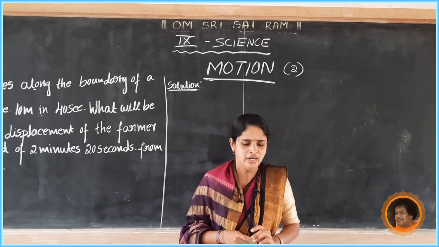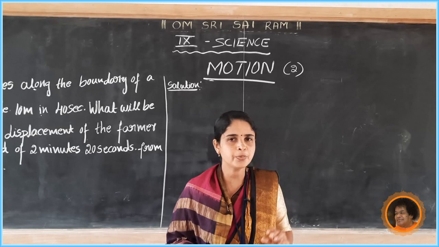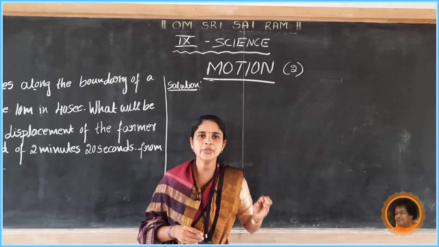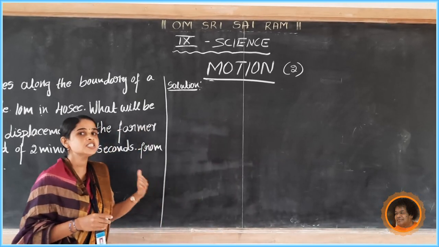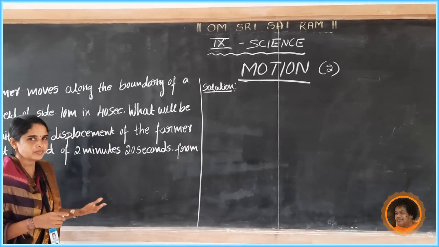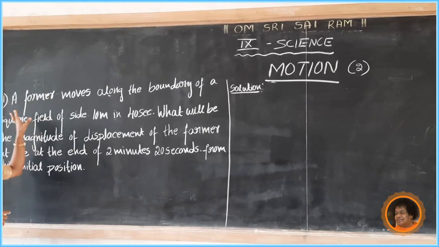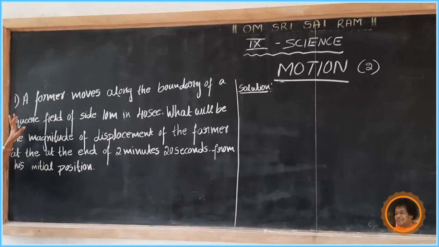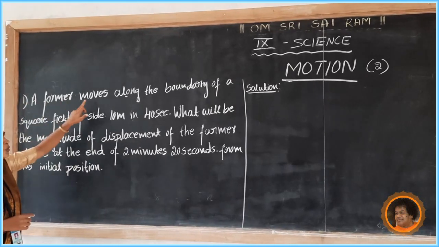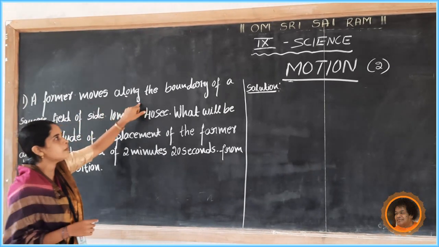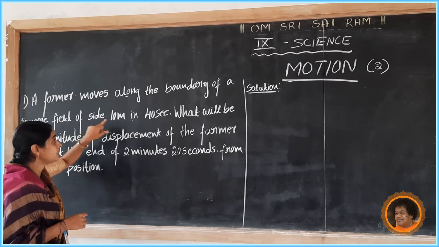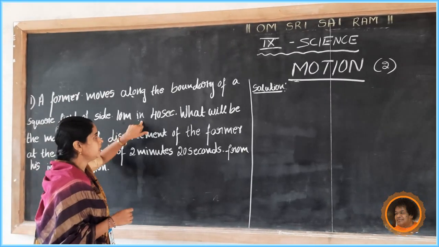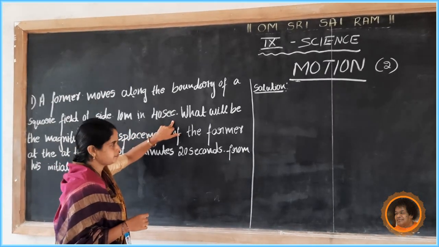Now here is a problem related to these concepts, displacement and distance travelled. A farmer moves along the boundary of a square field of side 10 meter in 40 seconds.